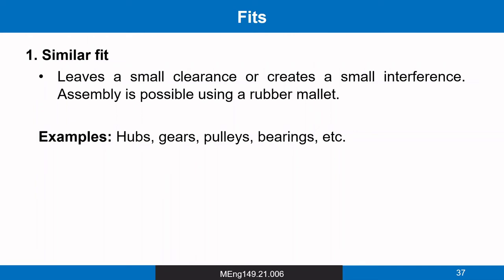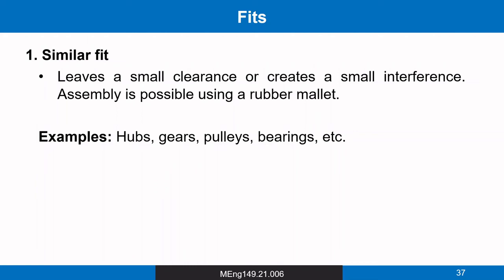Two meeting parts can have different sizes that can fit, but we also have a difference in sizes where the shaft is bigger than the hole, thus the interference. So that is the definition of interference.